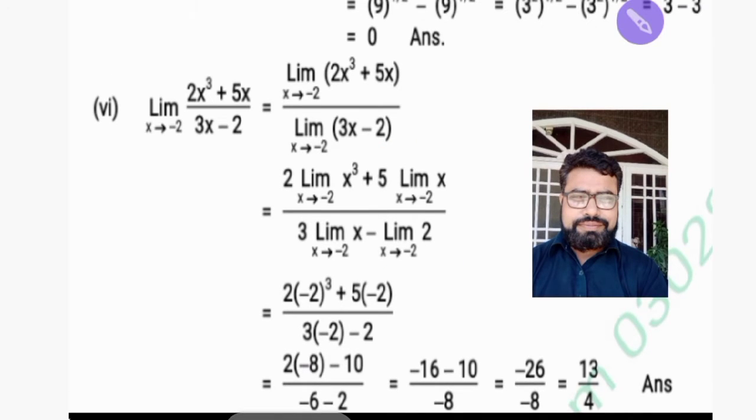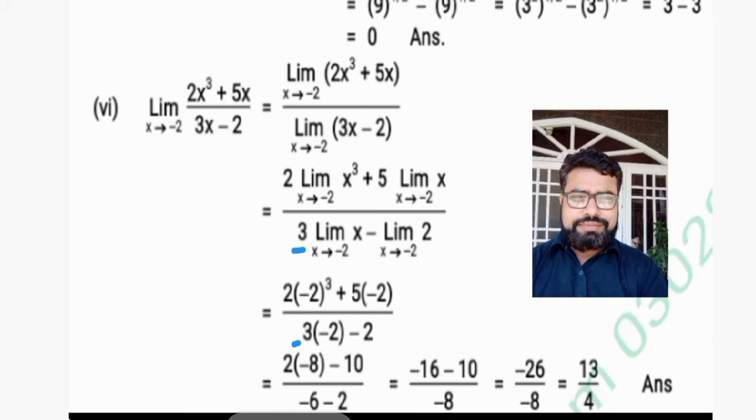Now as the value of x is minus 2, so we will put the value of x where x is present. 2 will be written same, and x cube, so we will write minus 2 cube, and there is plus 5, we will write plus 5, and the value of x is minus 2, so we will write minus 2.